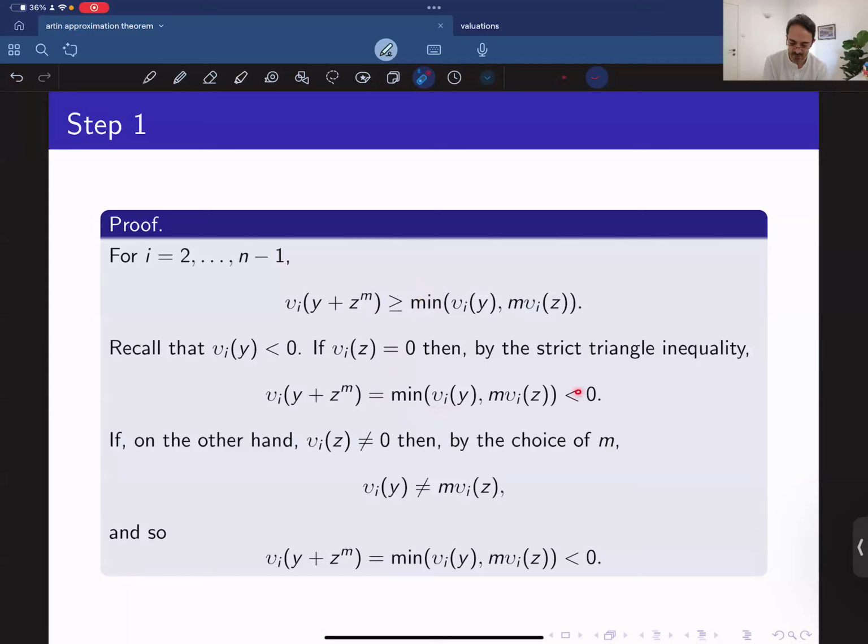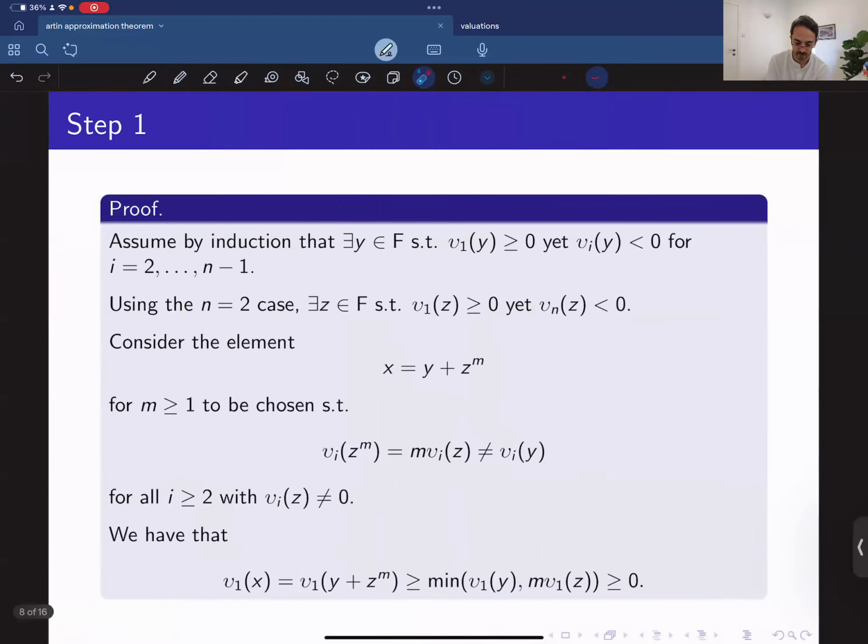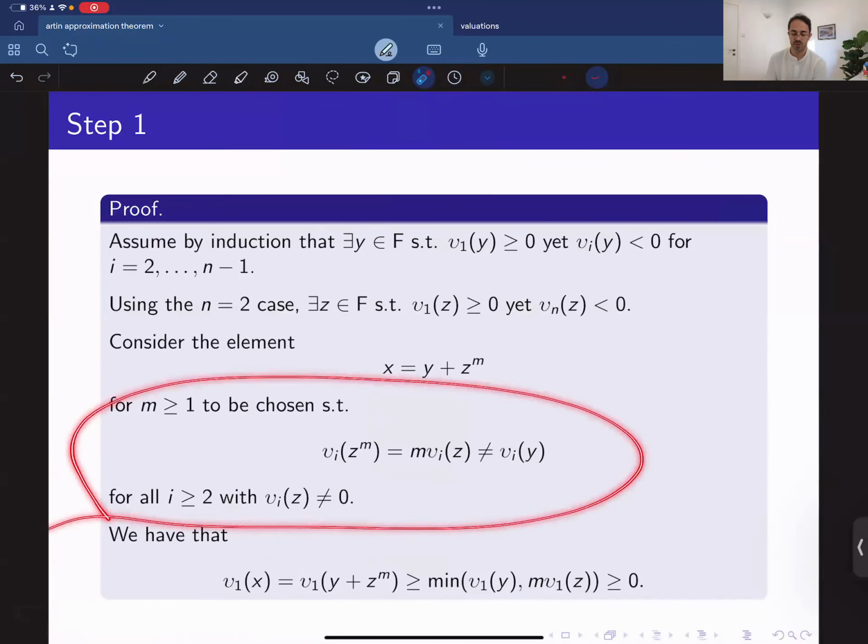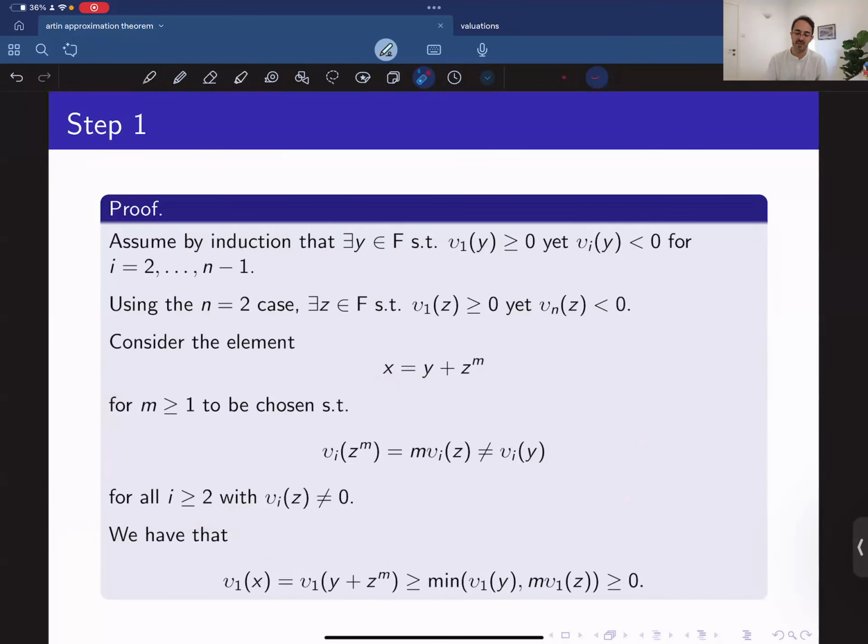So it's equality, and that's a strictly negative number, which is what we wanted. And if on the other hand Vi of Z is not 0, then because of the way we chose M, we know that Vi of Y is not M times Vi of Z. That's here, if you remember. The way we chose M was to evade that equality holding.